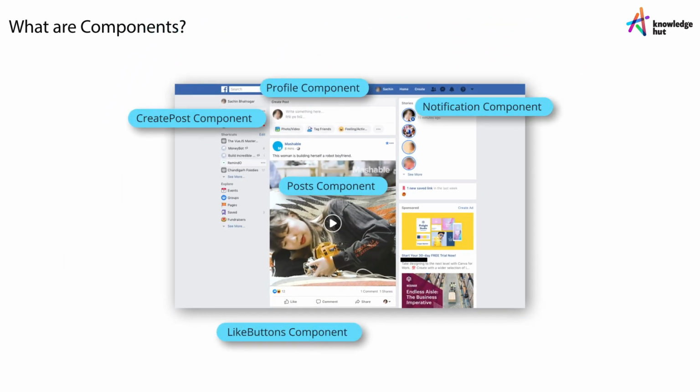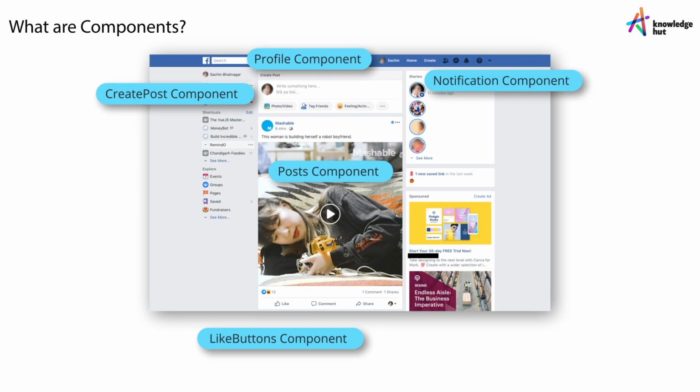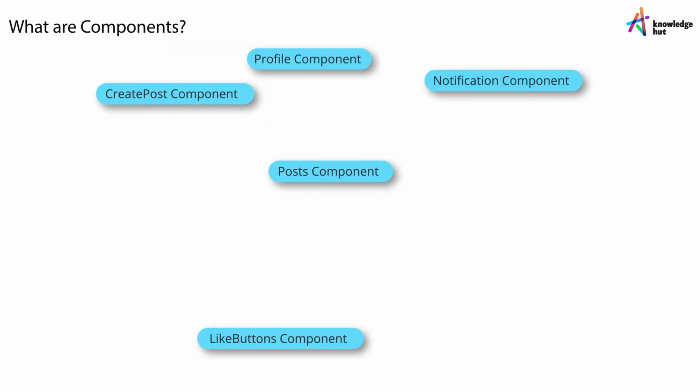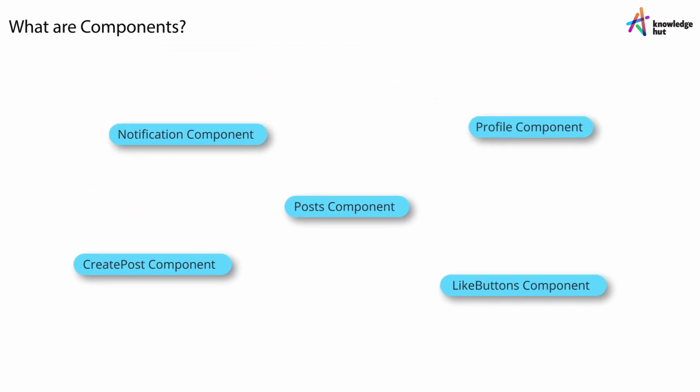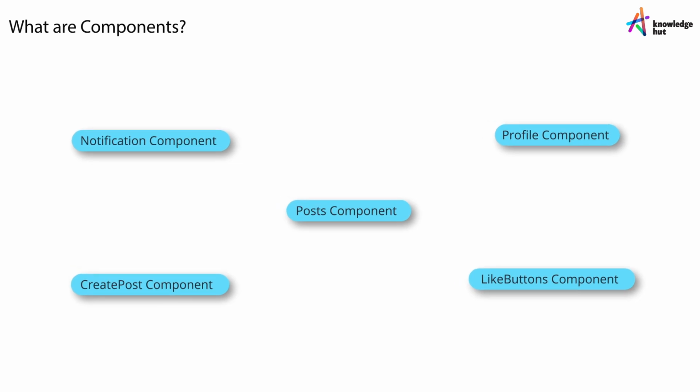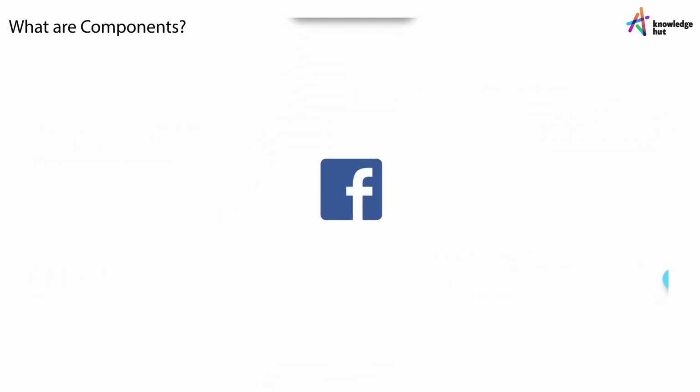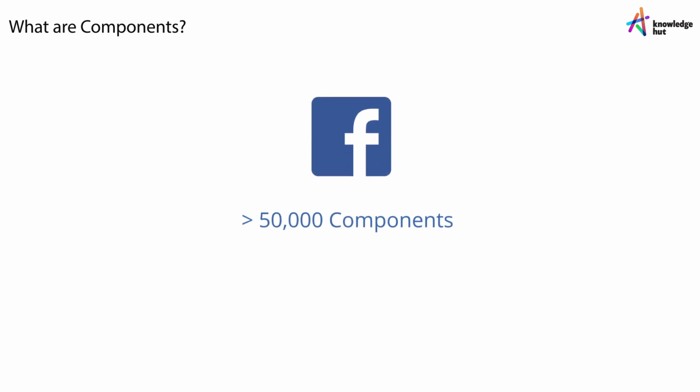But with every feature designed as a component, not only can you develop them independently of other features, but also bring scalability into the equation. As individual components, features can be evolved without worrying about the rest of the architecture. Facebook uses more than 50,000 components, and they are all built using React.